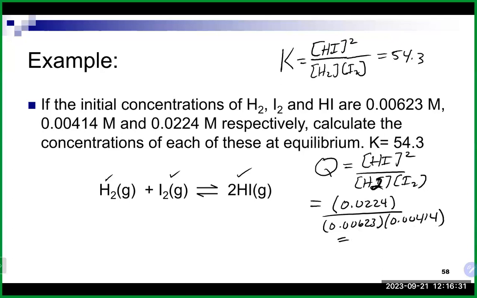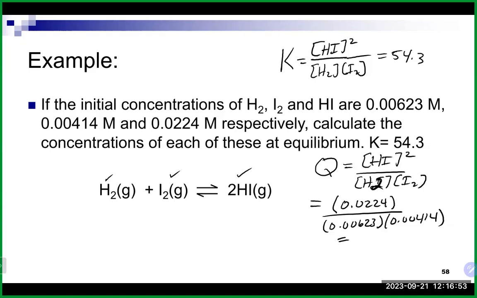That gives us 0.0224 divided by 0.00623 and 0.00414. That gives us not that number. Try that again. 0.0224 divided by 0.00623 and divided by 0.00414.